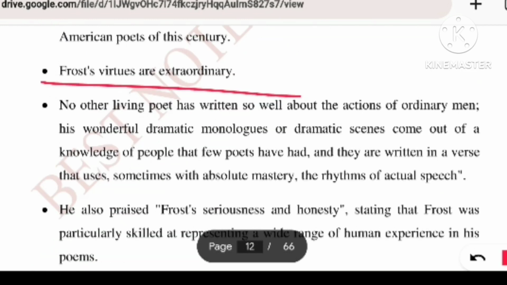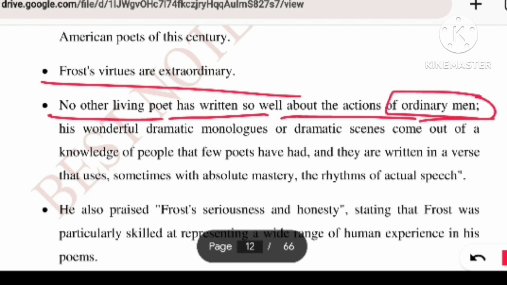Now, Frost's virtues are extraordinary. The way he writes, the values related to his poetry, is extraordinary. It's not common. And something which is not common is obviously going to gain momentum in the near future. No other living poet has written so well about the actions of ordinary men.